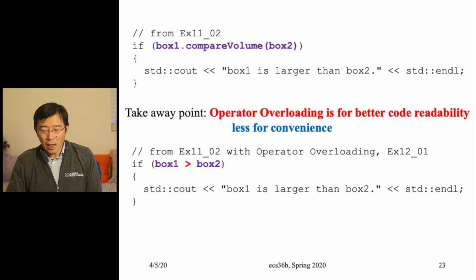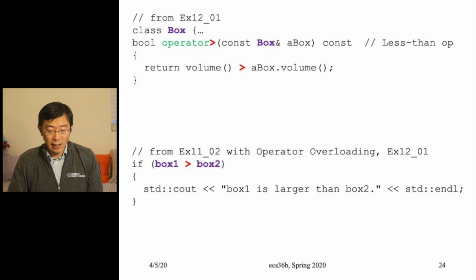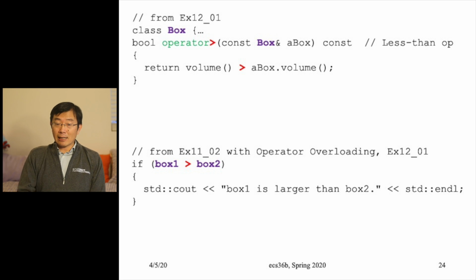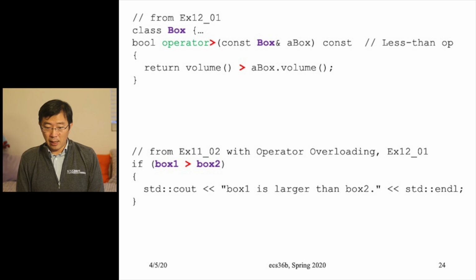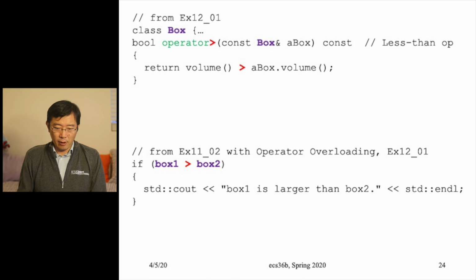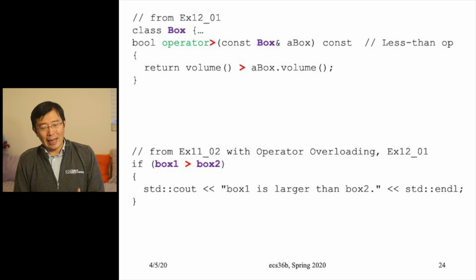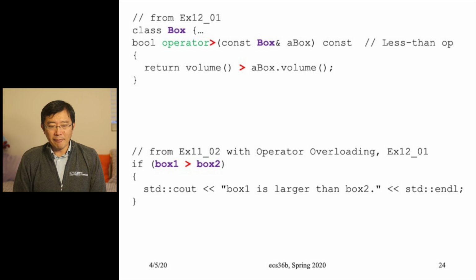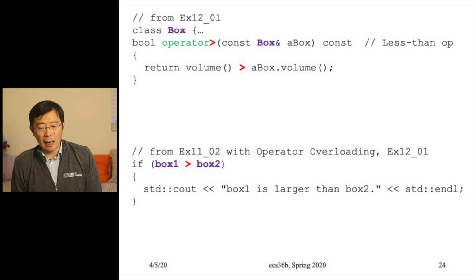Having said that, let's look at how you can actually define something called operator overloading in this example. In this slide, you can see the bottom is exactly the one I showed you earlier: if box 1 is greater than box 2. That's the code. But how do I do that? In order to do that, I have to have the definition on top.